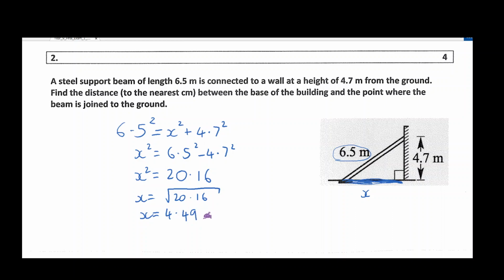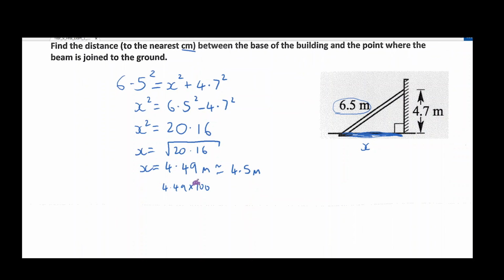So 4.49 meters, or about 4.5 meters. Now it says to the nearest centimeter. So to the nearest centimeter, we're going to go 4.49 times by 100 to change meters to centimeters, 4.49 times 100, which gives 449 centimeters.